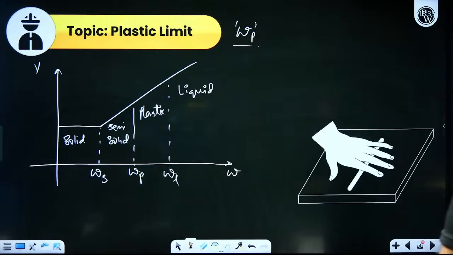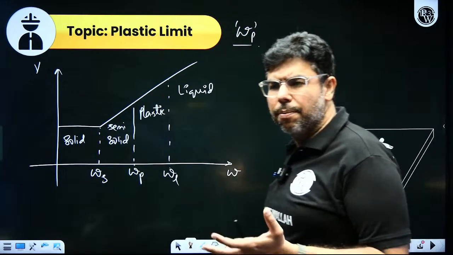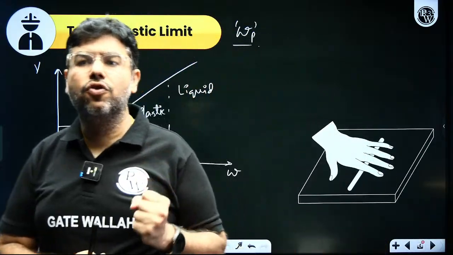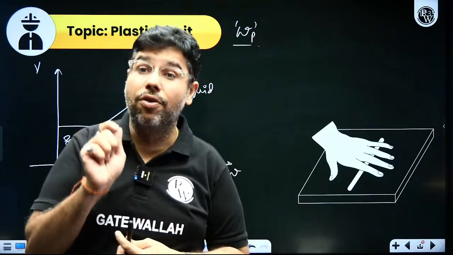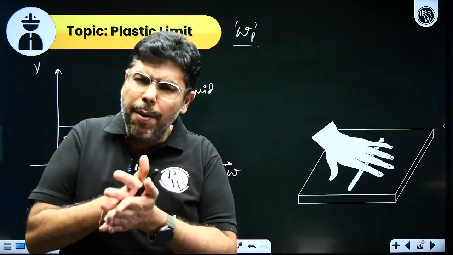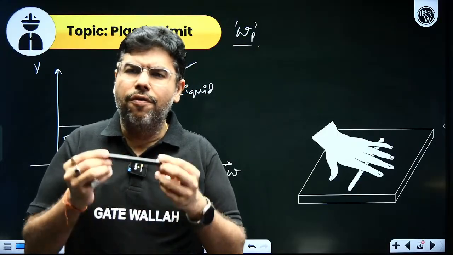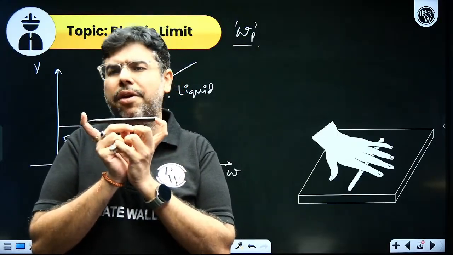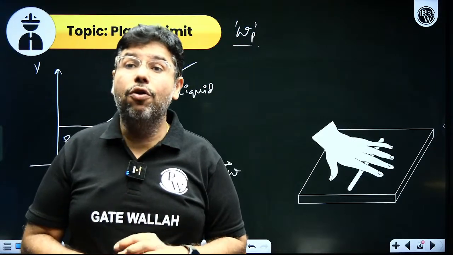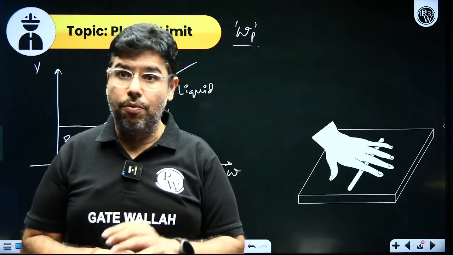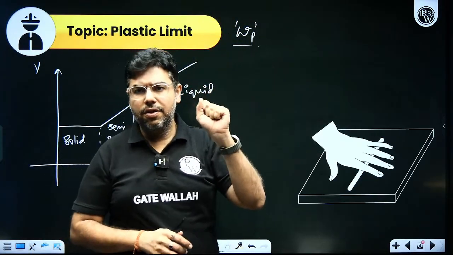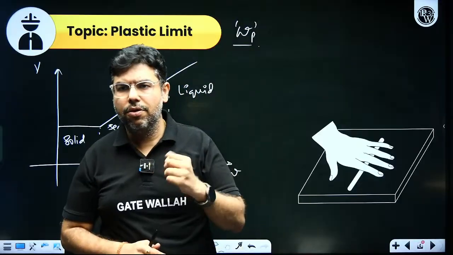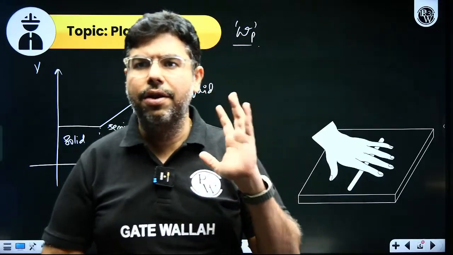Okay. Yeah. Perfect. So we make a soil paste out of the soil sample. We add water to the soil to make a soil paste, and then we try to roll the soil into a thread of dia 3 mm. If we are able to roll the soil into a thread of dia 3 mm, it means the plastic limit is not reached yet. Now you will dry the soil, not completely, just a bit, ensuring that it is still a soil paste but with some water removed.